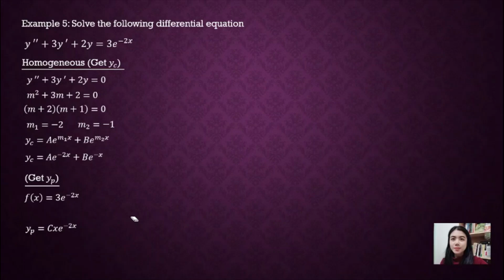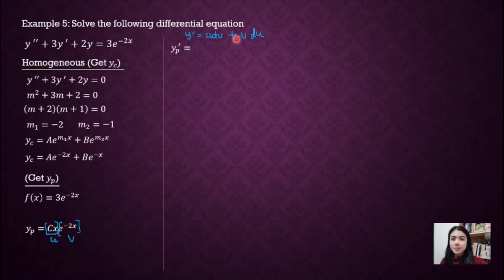Okay, so now let's just differentiate this yp. If you want to differentiate this yp, you're going to use the product rule, because you have the cx here. So this is actually your u, and you have your v here. So you will have your y prime equals u dv plus v du.